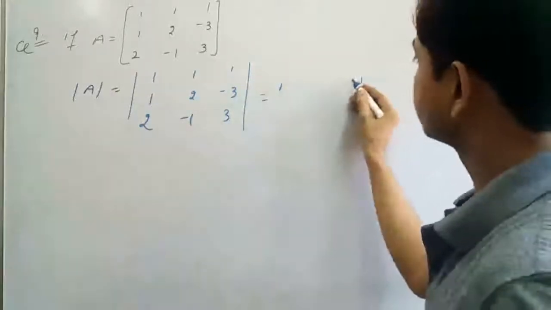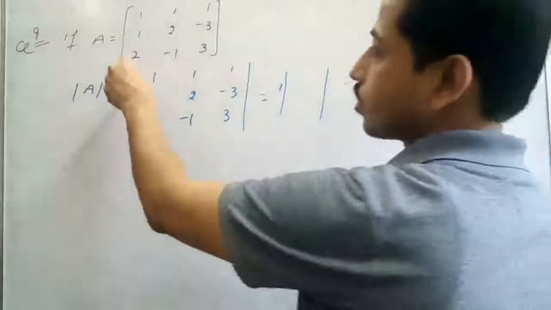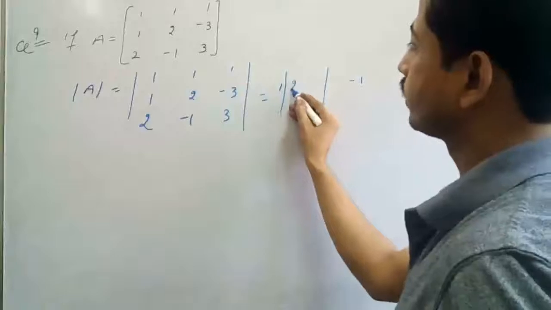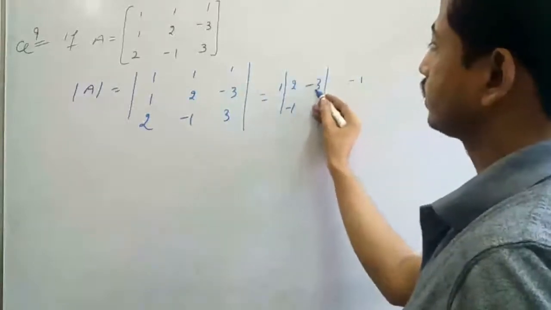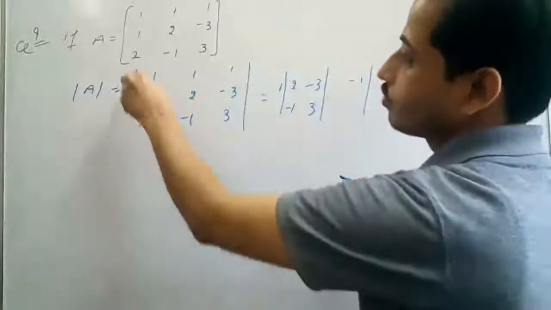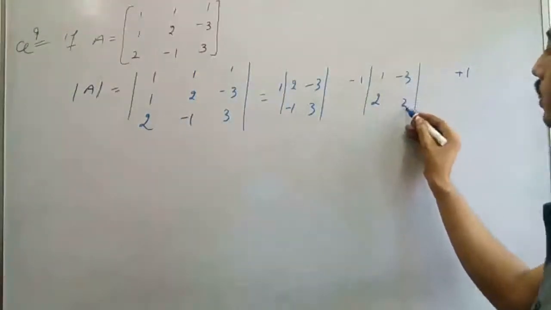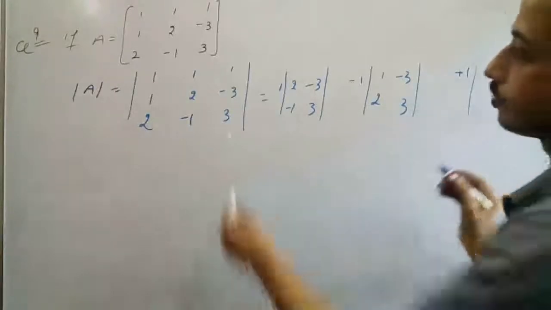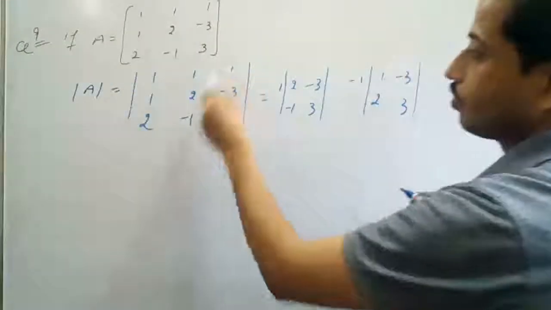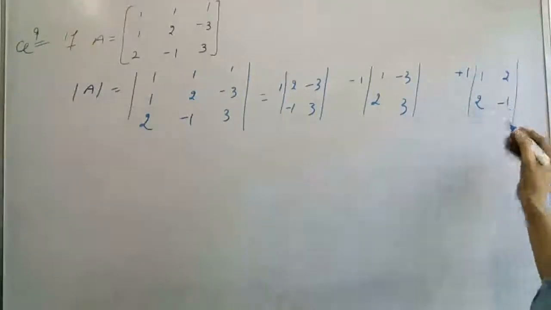This is positive, this is negative, this is positive. Remove the first row and first column, we get 2, minus 1, minus 3, 3. Remove the second column, first row, we get 1, 2, minus 3, 3. Remove the third column, first row, we get 1, 2, 2, minus 1.